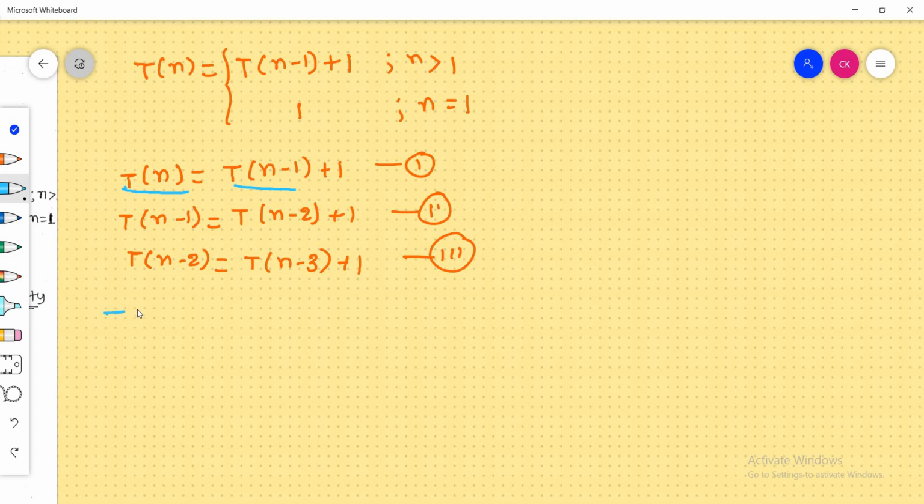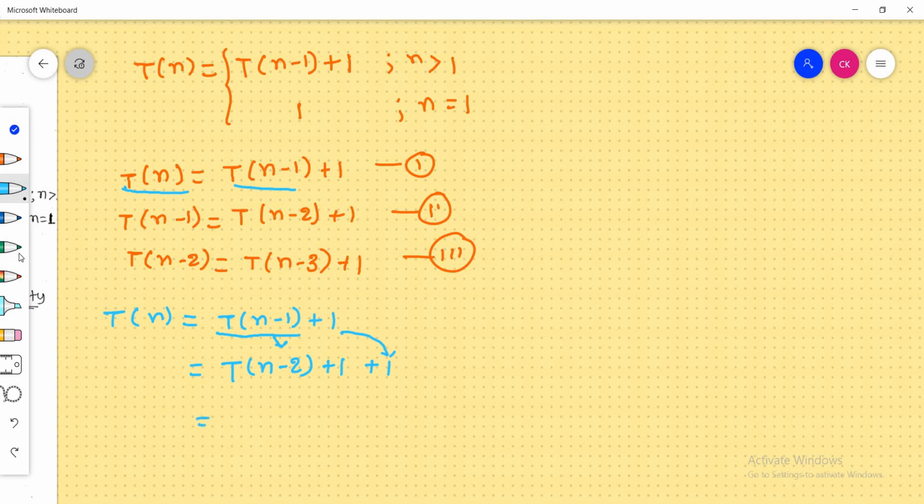Now let's continue with the original equation: T of n is equal to T of n minus 1 plus 1. Instead of T of n minus 1, can we write T of n minus 2 plus 1? And of course the other plus 1 stays as plus 1. Yes or no?